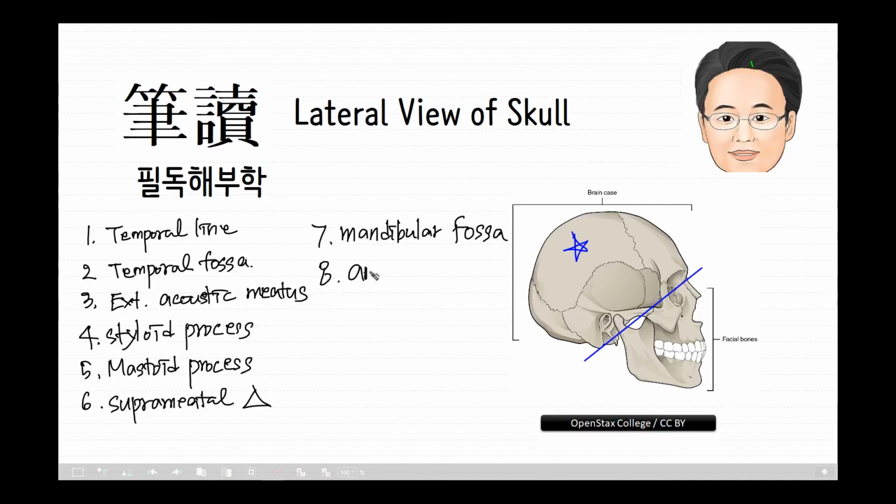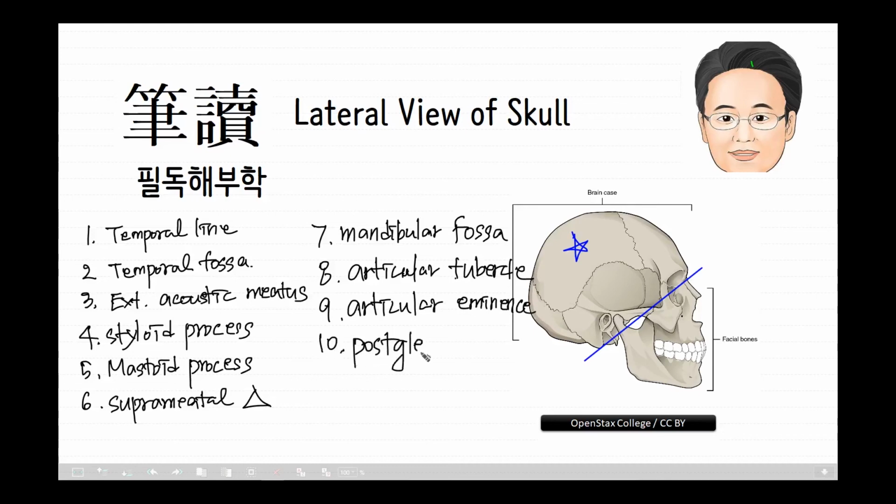Number 8, articular tubercle. Now, number 9, articular eminence. Number 10, postglenoid process.